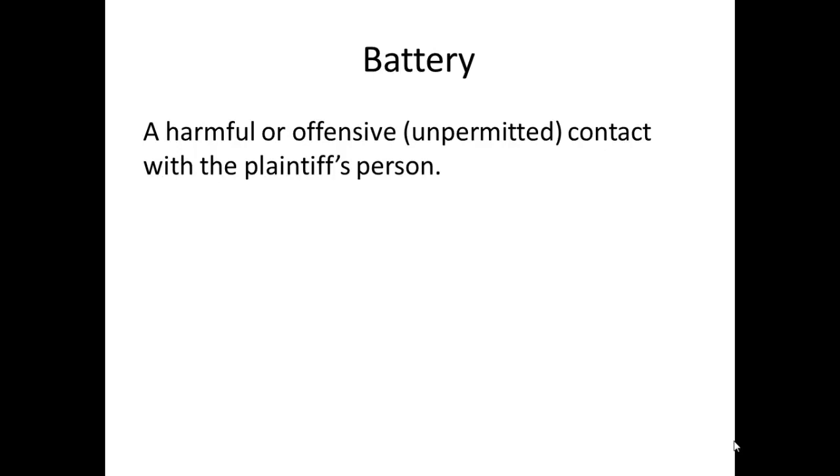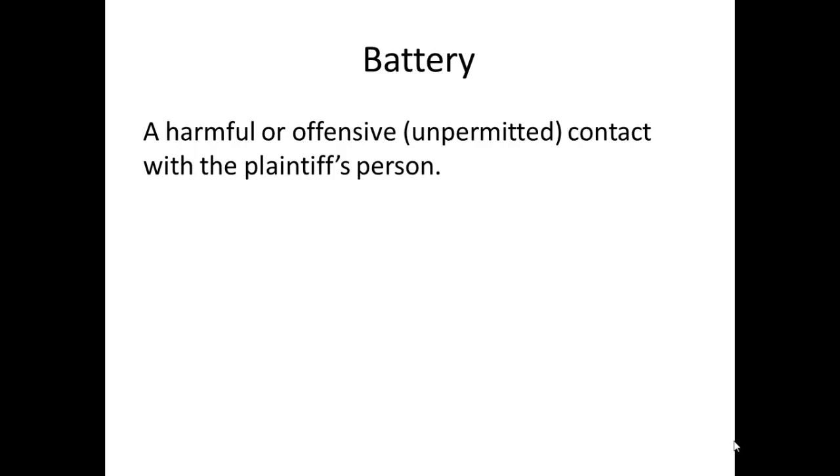So first off, let's look at battery. Battery is a harmful or offensive contact with plaintiff's person. And sometimes people will substitute the word unpermitted in there as well. So let me give you an example.